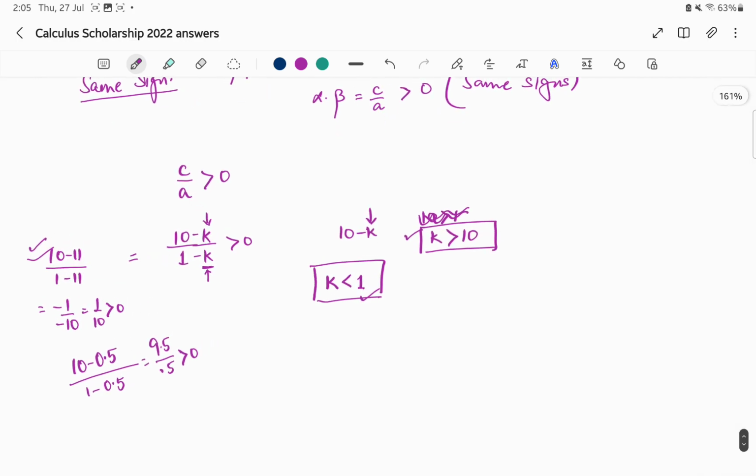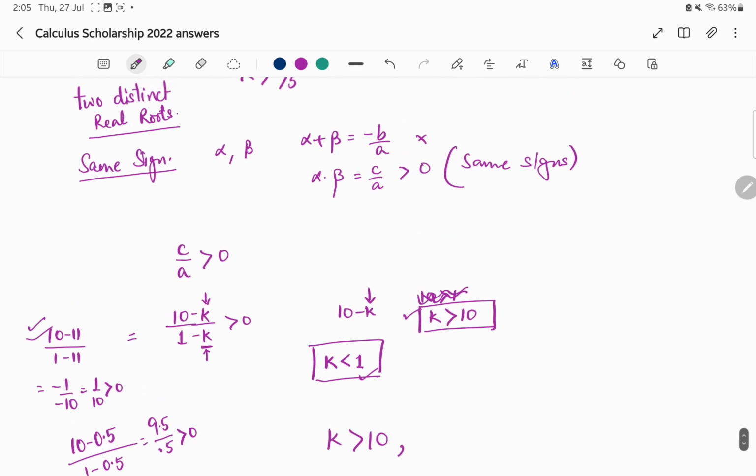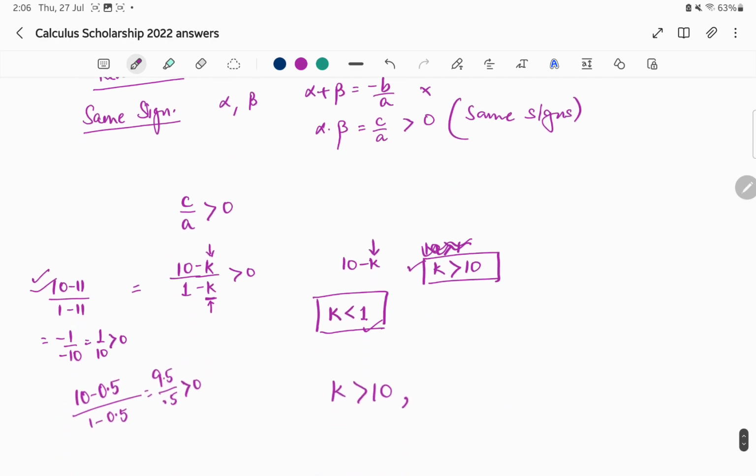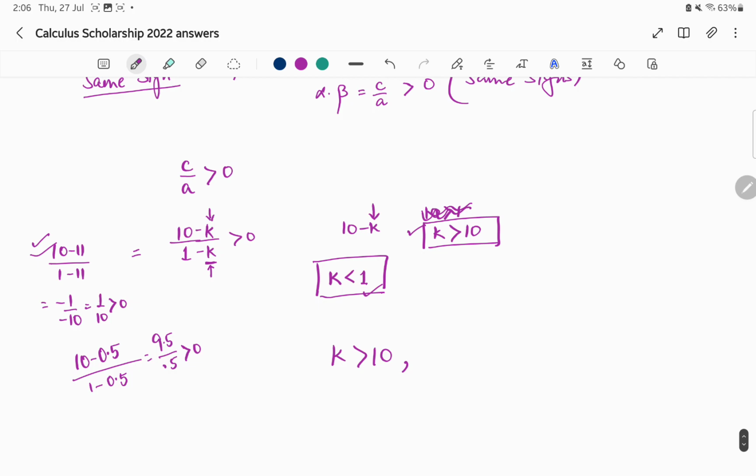So now we can say that k is greater than 10, right? And we have found here that k is greater than 2 over 5. So 2 over 5 is 0.4, right? And here we have k is less than 1.